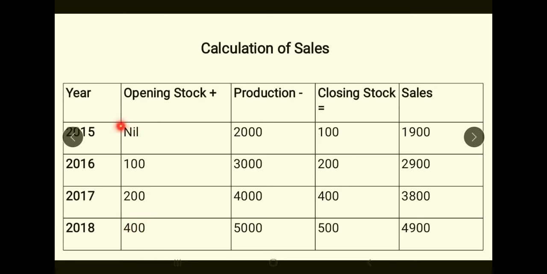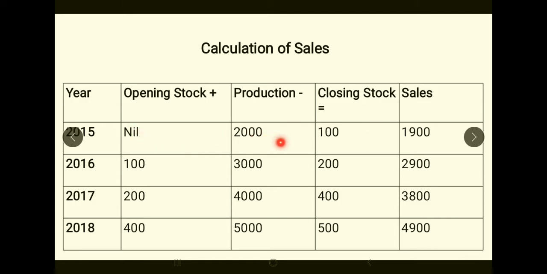Since they have entered into the agreement in the year 2015, for the first year there will be no opening stock. The production starts from 2015, so closing stock also will come only at the end of the year, that is 2015, and then for 2016 you will have opening stock, but in the first year there will be no opening stock. I hope you have understood how do we calculate sales.